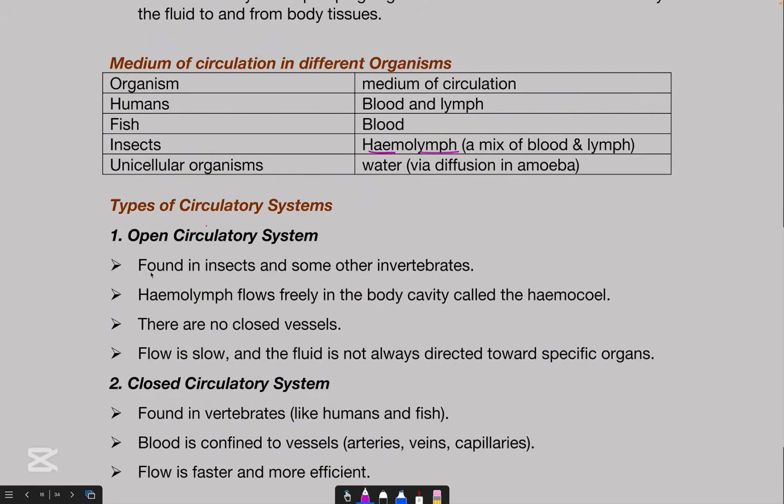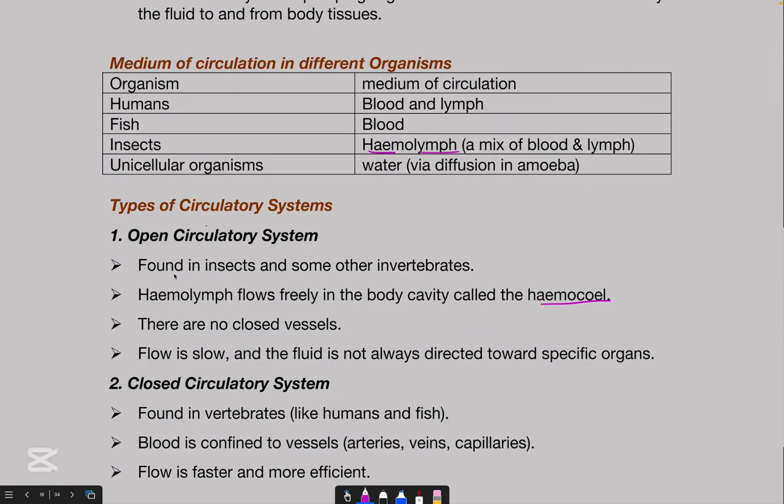The open circulatory system is found in insects and some other invertebrates. Hemolymph, which we said is the circulatory fluid in insects, flows freely in the body cavity called the hemocoel. They flow freely. There is no vessel that conducts the blood.